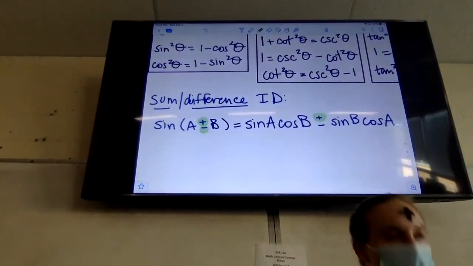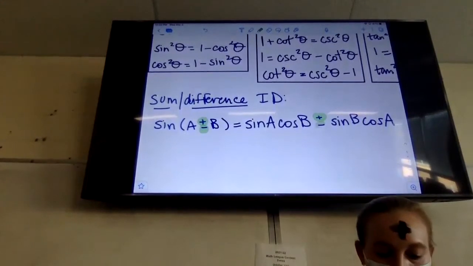If I'm subtracting the 2 angles to get the angle that was given to me, we're going to have a minus in the equation.